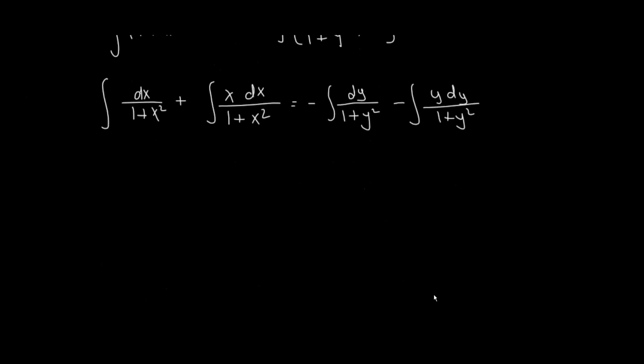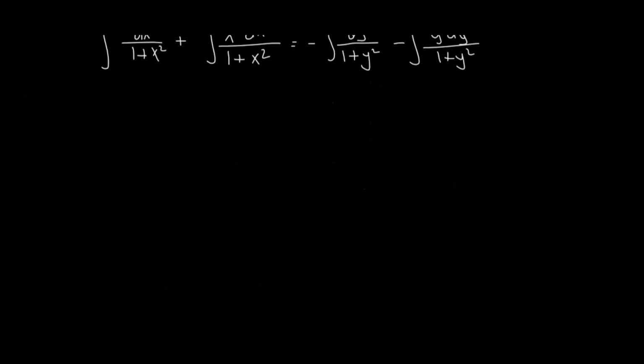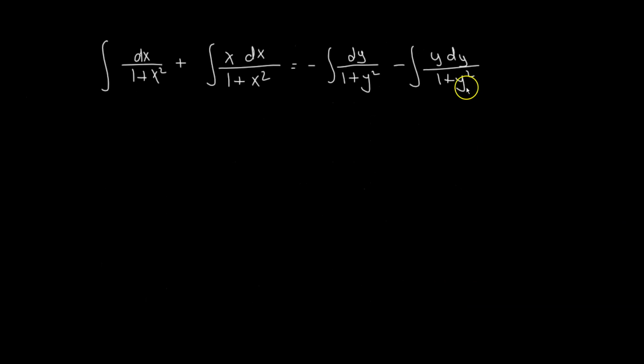Now let's integrate each of the integrals. So we're going to use the formula from the table of integrals. Integration du over 1 plus u squared equals the arctangent of u, or the tangent inverse of u, plus the constant of integration c.